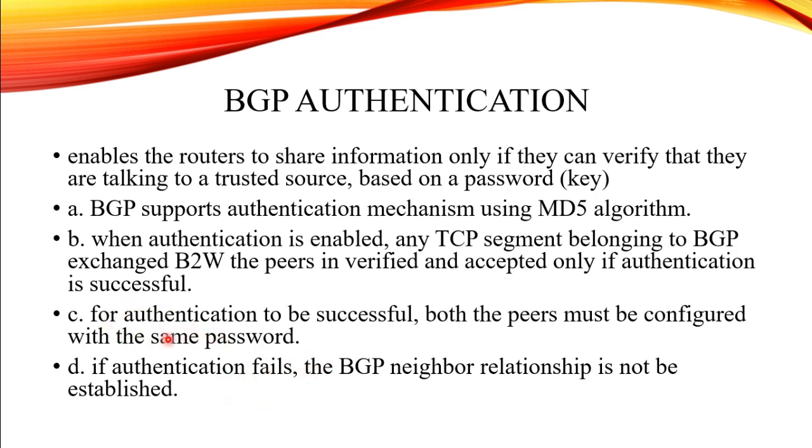This is a very important point: for authentication to be successful between two or more BGP neighbors, they should use the same password on both sides. If the passwords do not match, the BGP neighborship will not be established. If authentication fails, the BGP neighbor relationship will not be established, as I said before.